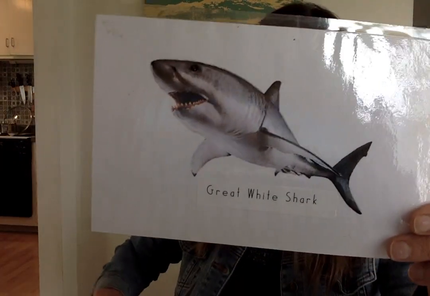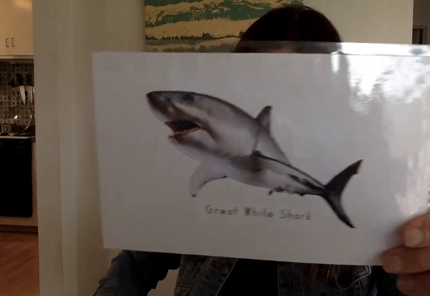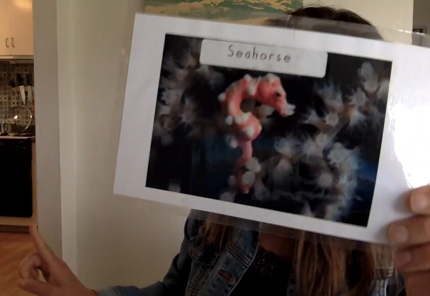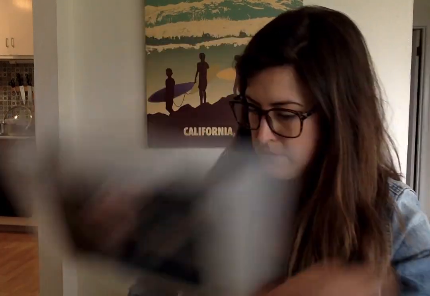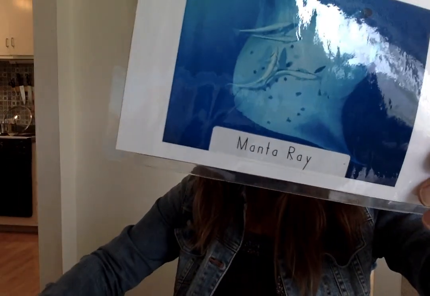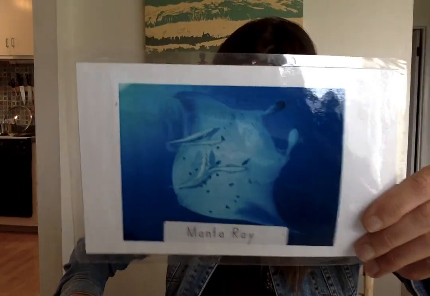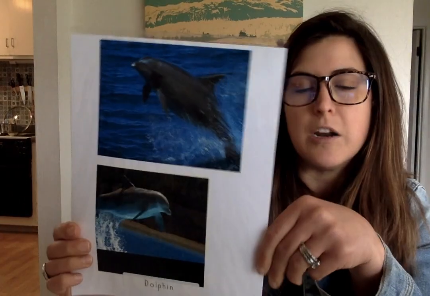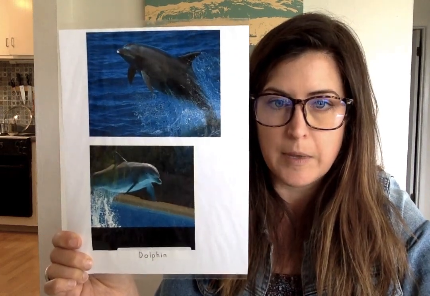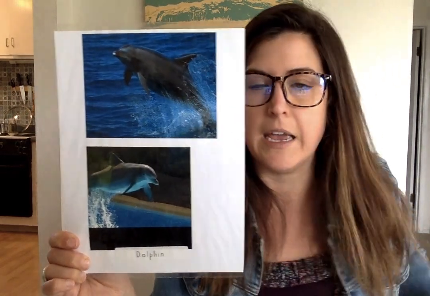I hope you haven't seen one of those in real life. Great white shark. Couple more pictures. This one's called the manta ray. And the last picture, one of my favorite animals, a dolphin. So we'll study some of these animals a lot more, and some of them we'll just talk about a little bit, but they are all part of the animal kingdom.